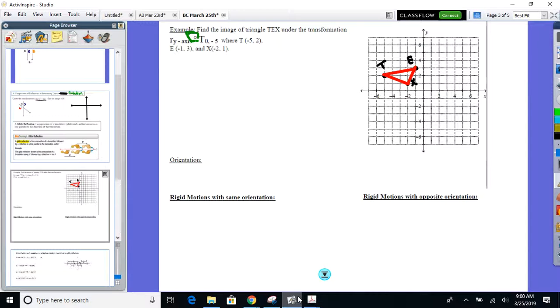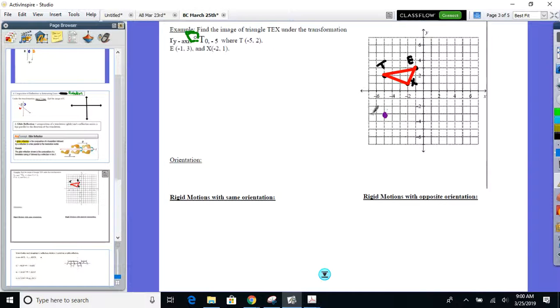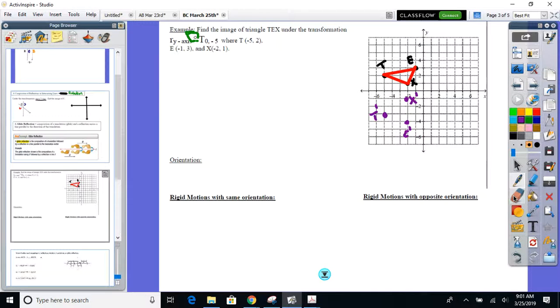So go ahead, everybody. Perform that translation for me and get T prime, E prime, X prime. You're not going to move on the X-axis, but you are going to move down 5.